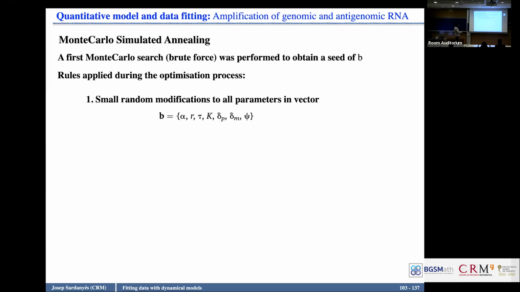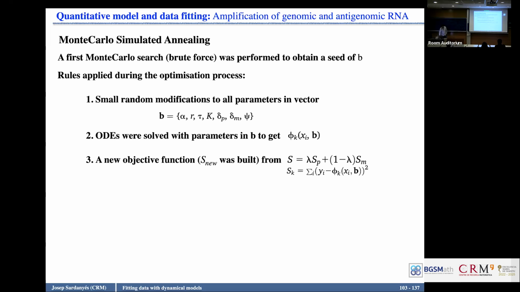So what we usually do is make small random modifications of the seed, then we obtain the solution of the ODE with this numerical method. This is a very standard simulated annealing thing. Then we build a new objective function, S mu, from this Pareto function, where SP and Sn are given by this distance measure.